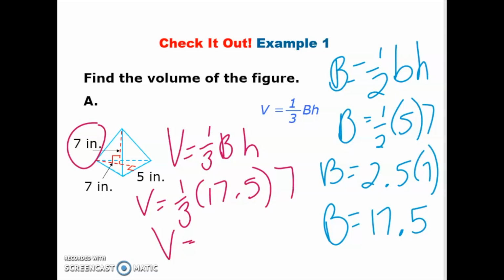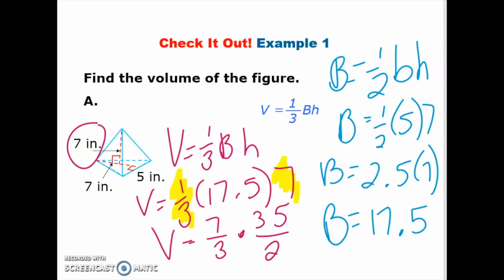So again, what I'm going to do is multiply 1/3 times 7, which is going to give me 7/3. And then I'm going to multiply this. I'm actually going to turn 17.5 into a fraction, which would be 35 halves.